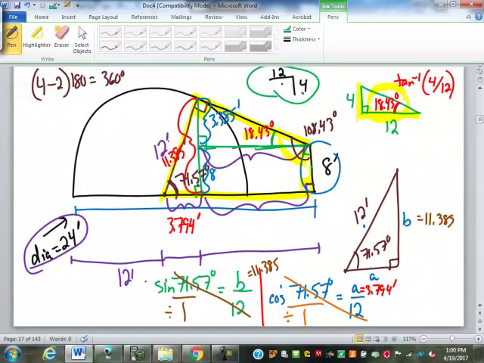Well, that is this distance here, which is this distance here. So now to find that total distance across, I add my 12, 3.794, and 10.158.